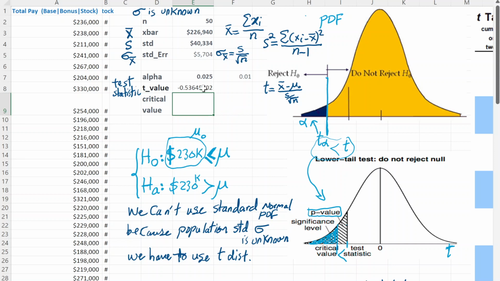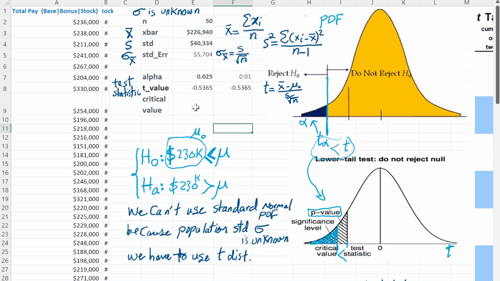I found it to be negative 0.3, and this is applicable for both. I'll copy and paste the formula here so there is no confusion. It's the same thing for both scenarios. Let's format the cell as a number with 4 significant digits, which is good enough.